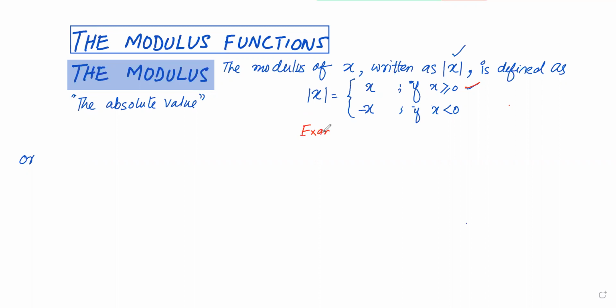x a positive number. So for example, if I take x equals 2, a positive number, when you use this definition, modulus of x is equal to, so I'm using the value of x here, modulus of 2 is equal to 2. These two are the same.